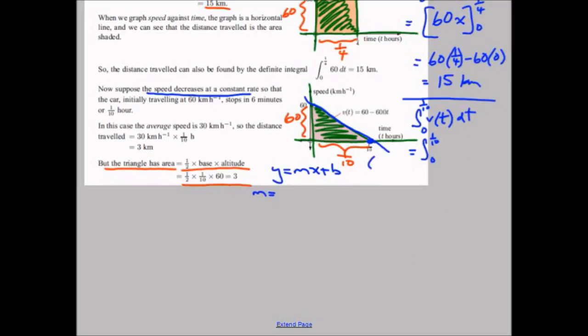This point here is 1/10 and 0. This point up here is 0 and 60. So we can calculate that slope, y2 minus y1 over x2 minus x1, going back to grade 8 and 9 coordinate geometry. So we have 0 minus 60 over 1/10 minus 0.